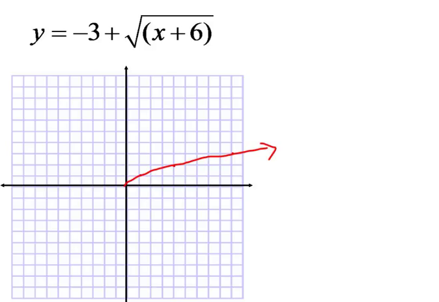So let me take the vertex and shift it to the left 6 units and down 3 units. Then up 2 over 4, up 3 over 9. So that's what my new translated graph looks like. Again, I apologize for the sketch, but I think you got an idea.